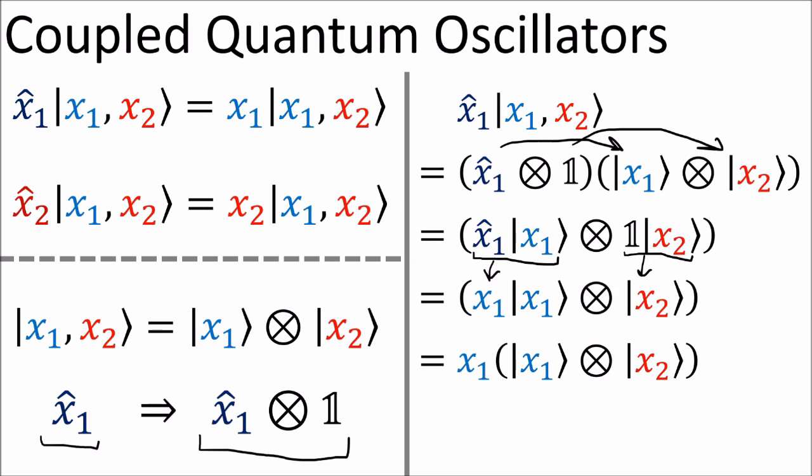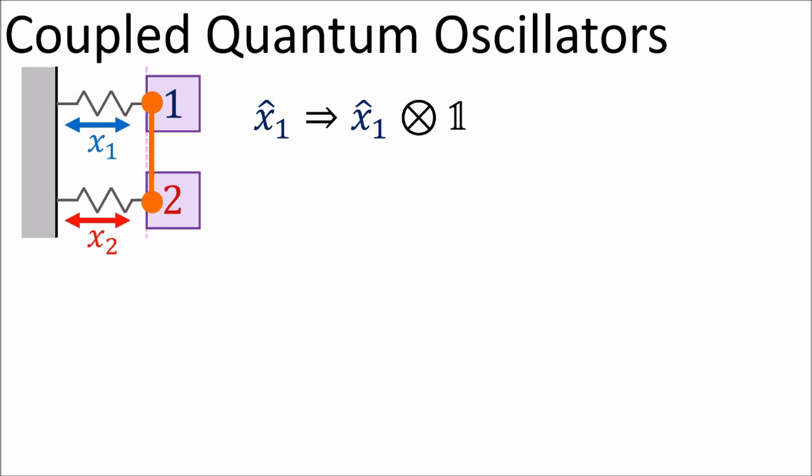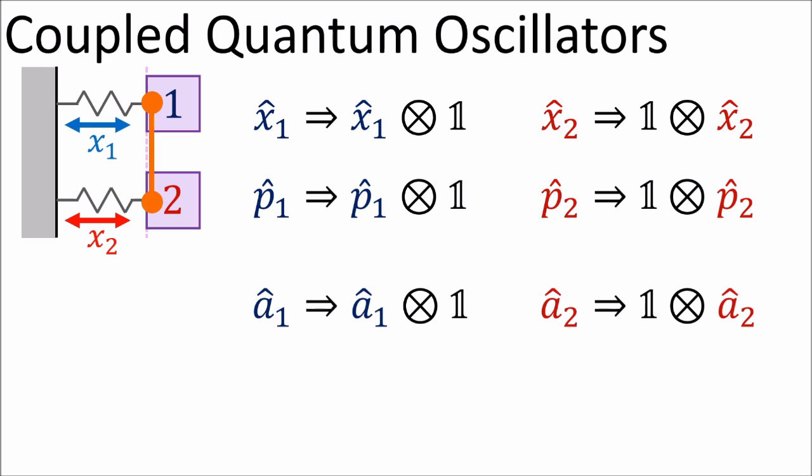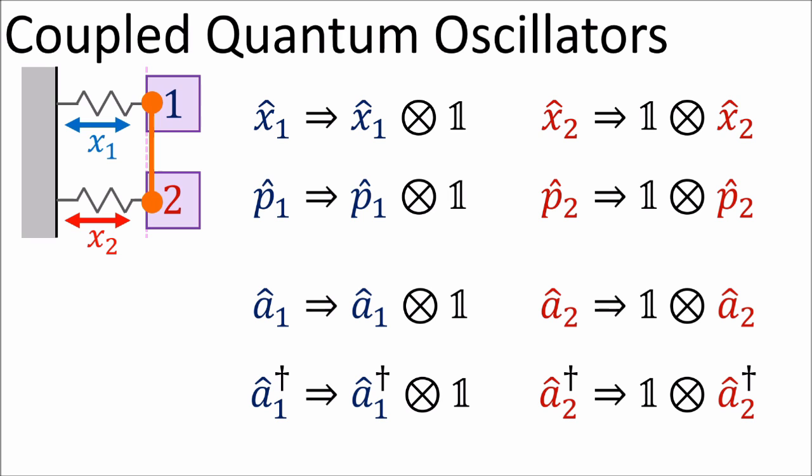The overall returned eigenvalue is the position of the first oscillator. We have a similar tensor product definition for the second position operator, as well as the two momentum operators. We can similarly define raising and lowering operators, which raise and lower the energy states on each individual oscillator.